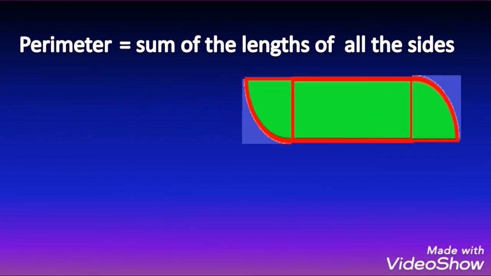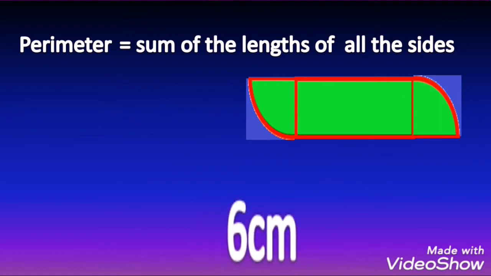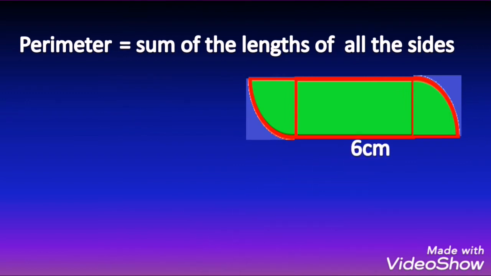This is the given shape, and the length of the rectangle is given as 6 centimeters and the breadth of the rectangle is given as 3.5 centimeters. The breadth of the rectangle is also the radius of this quadrant. So 3.5 centimeters is also the radius of this quadrant.